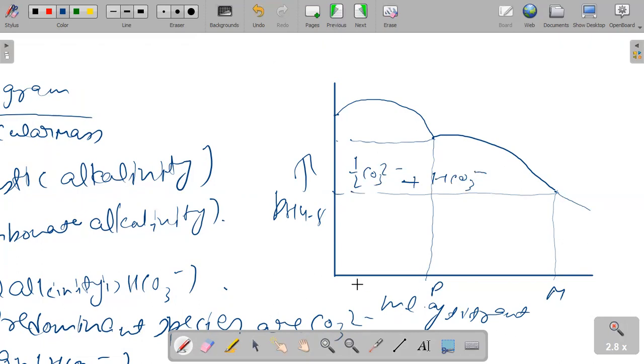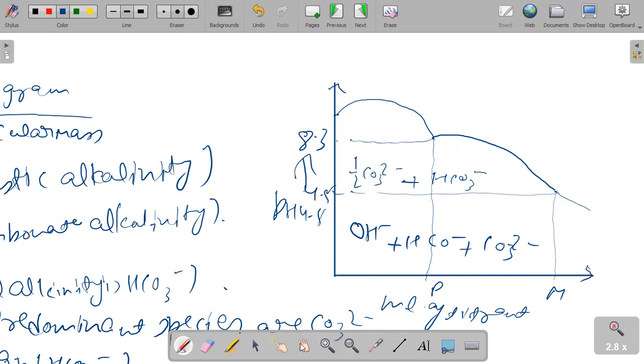And here OH minus plus CO3 2 minus. Here the values are 4.5 and 8.3. So this is it in this graph.